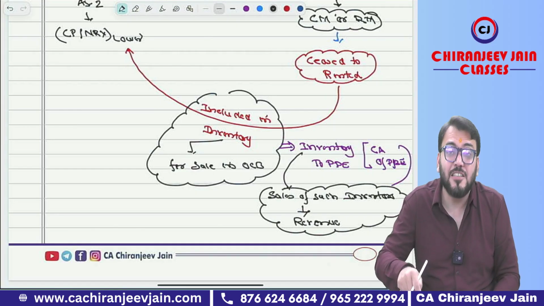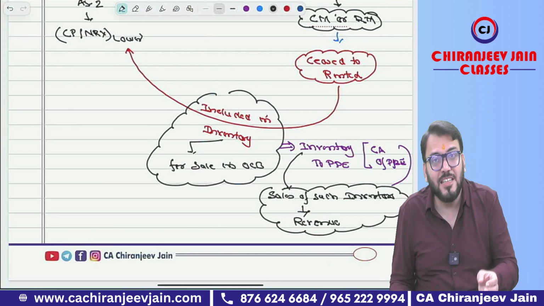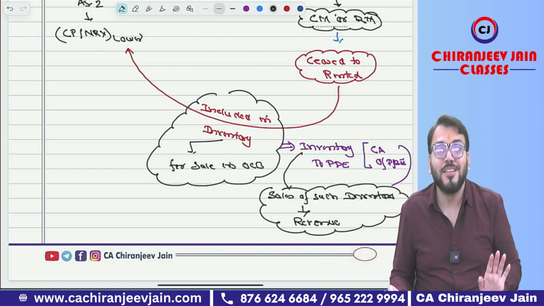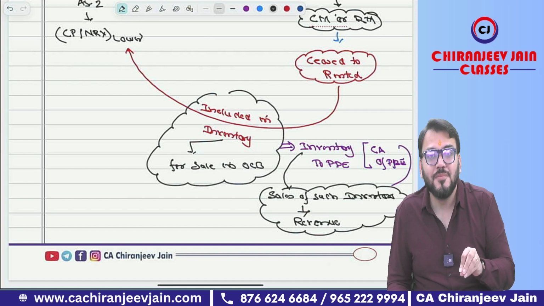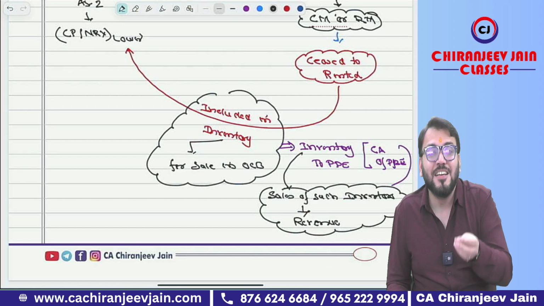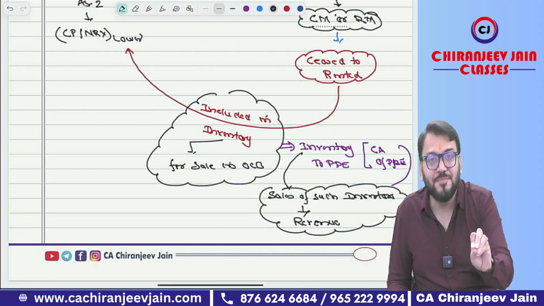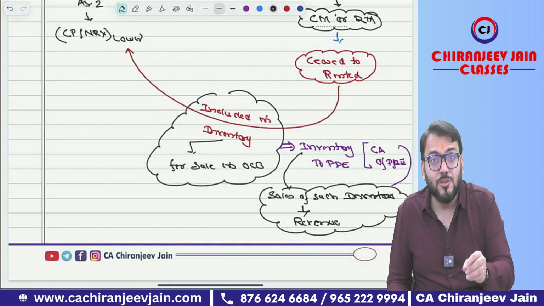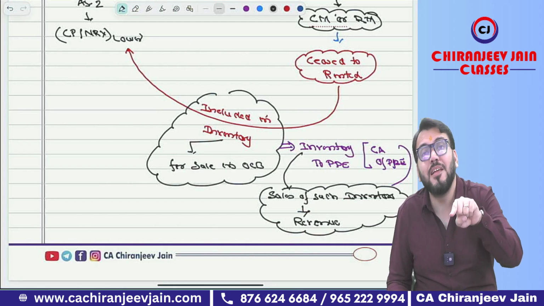So if the entity is now selling such inventory, then the sale of such inventory will be what? Revenue. Understood? Correct. But if I have a car that I have given on rent, that is not my routine activity. So the sale of that car will not be revenue.